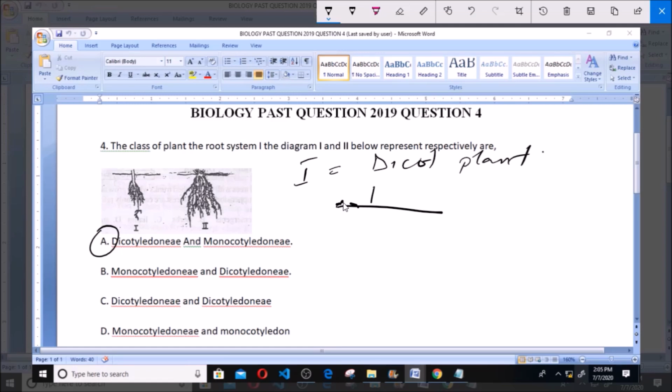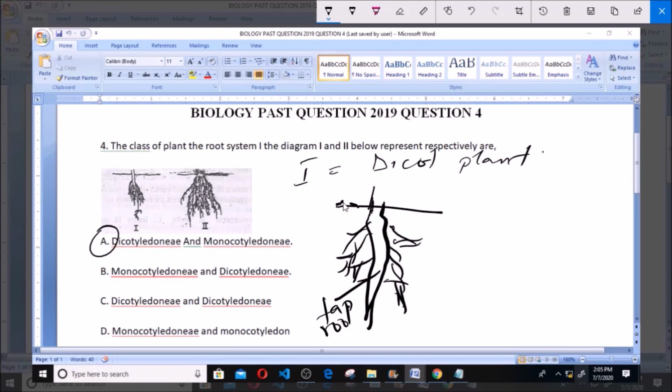The root starts from this point. Now there's a main root that goes down. The other roots are part of this main root. That's for a dicot plant. Now this main root is called what? The tap root for a dicot plant.